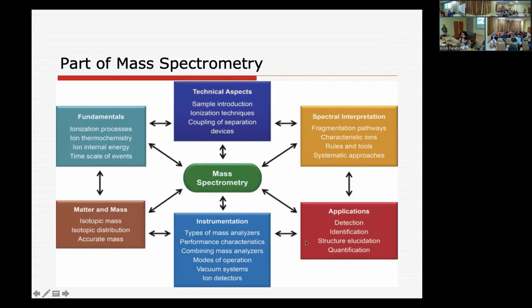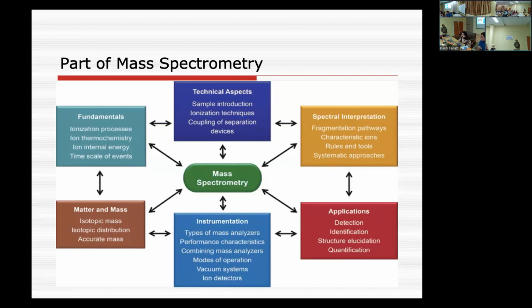Kemudian massa dan bilangan massa, ada isotope mass, isotope distribution, dan mass akurasi. Kemudian secara basic fundamental kita lihat proses ionisasi, ion termokimia, energi, ion internal, dan time scale dari ion. Lalu aspek teknik: sample introduction, teknik ionisasi, dan couple dengan device separation.